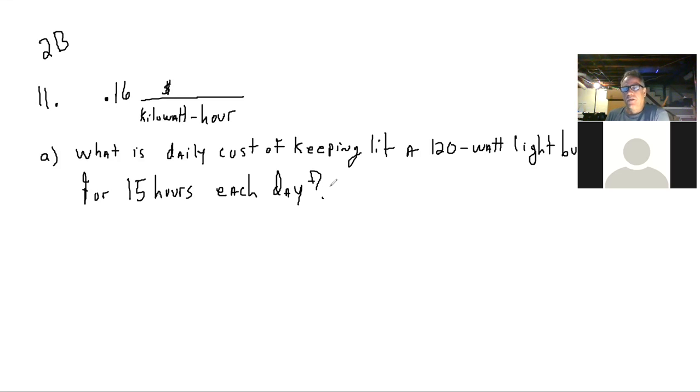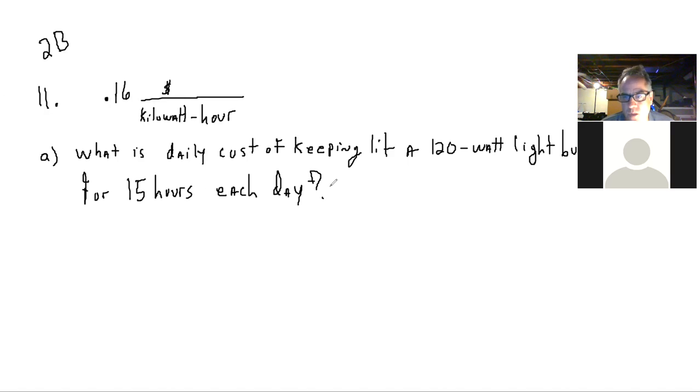All right. So we pop in a 120 watt light bulb, such as the light I think you can see back there, and it's on for 15 hours. So the question is, how much is it going to cost us? Thinking about the end of the day, I know the unit I want is dollars.